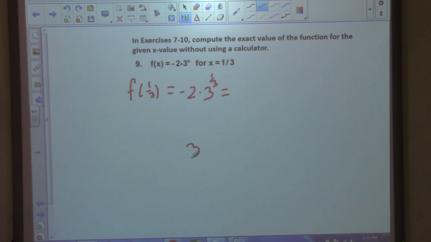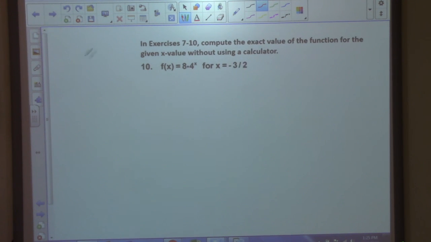So 3 to the 1/3 power is the same as cube root of 3, right? So this one right here would be -2 times cube root of 3. So that's as far as we could go without a calculator, in my view.